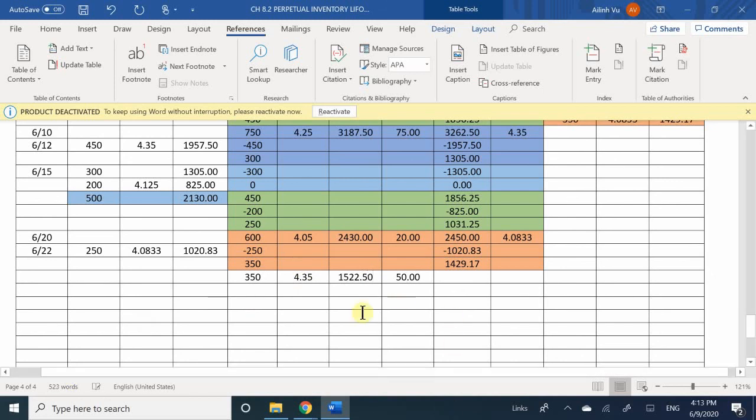1522.50 plus the 50 is 1572.50. Okay, good.